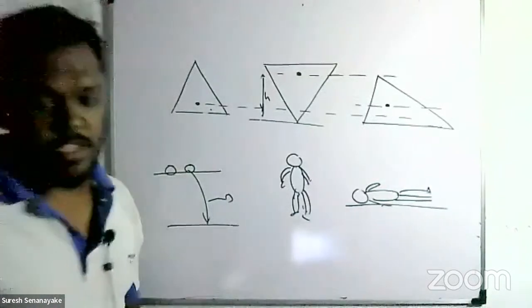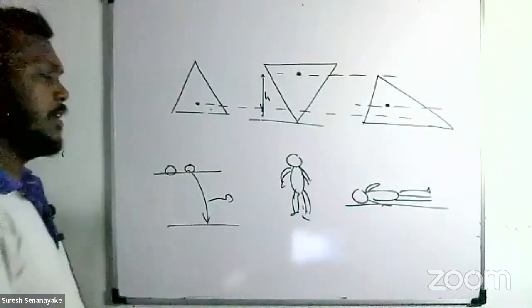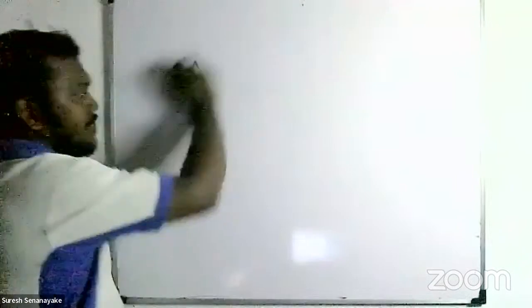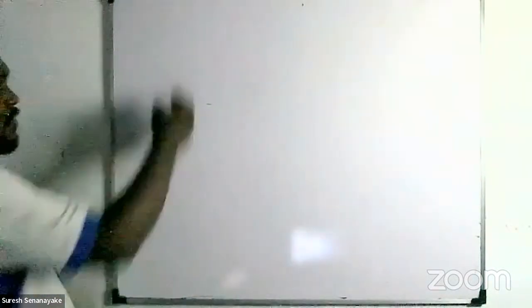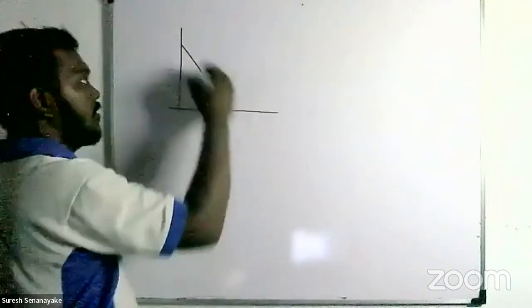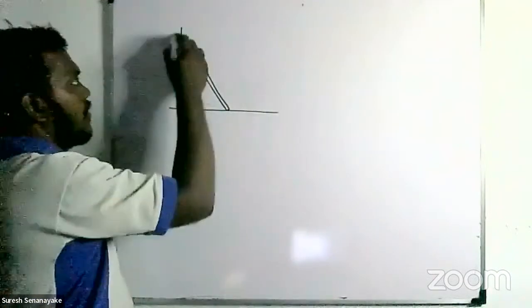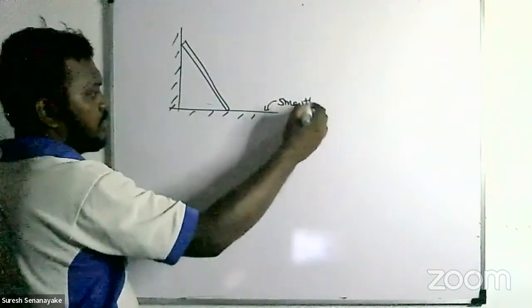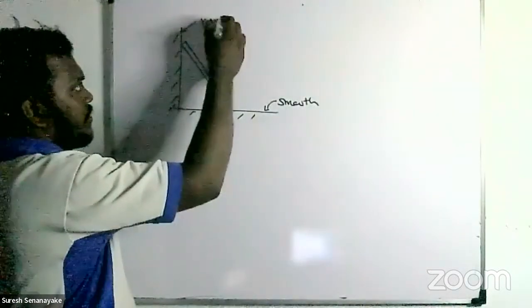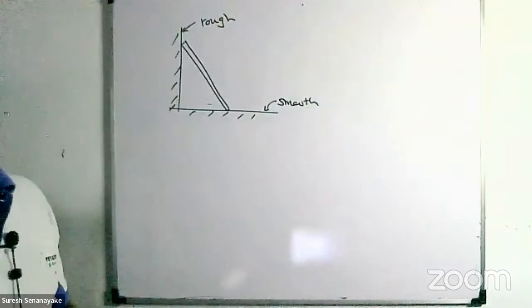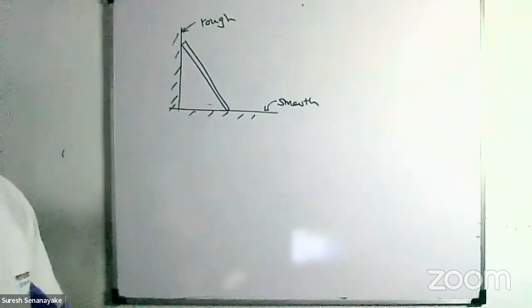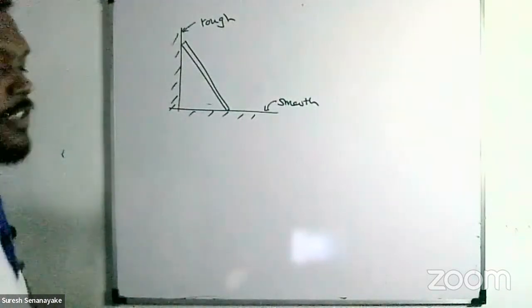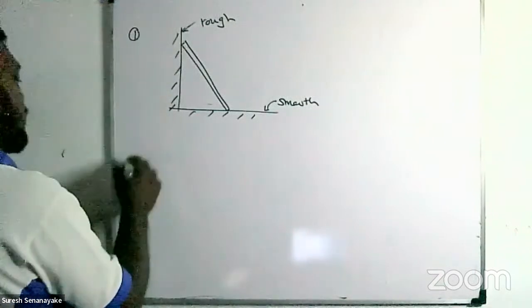You need to explain this. The question says this is smooth and this is rough. You have to mark the forces acting on it and then explain this. This is the question.